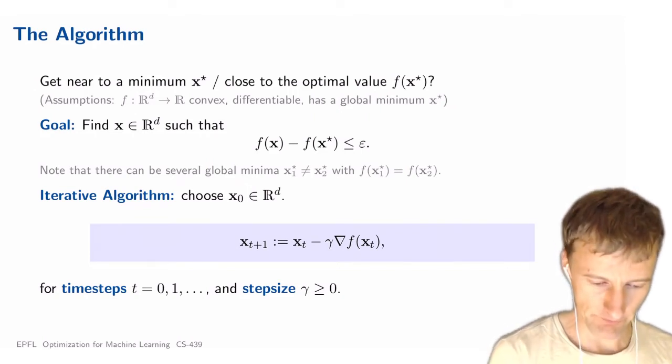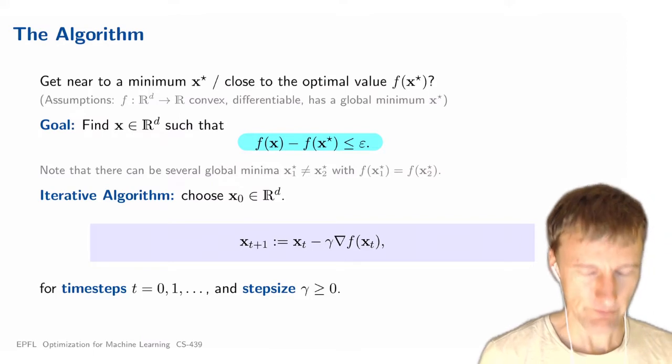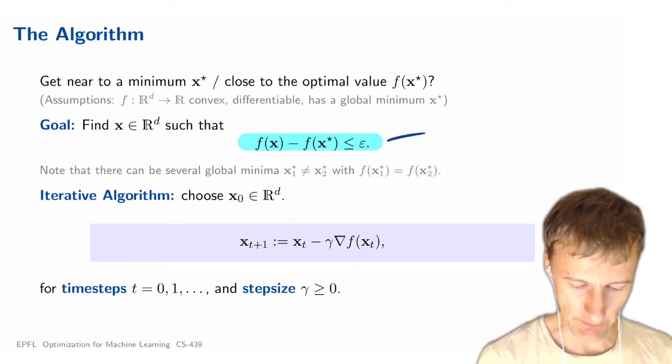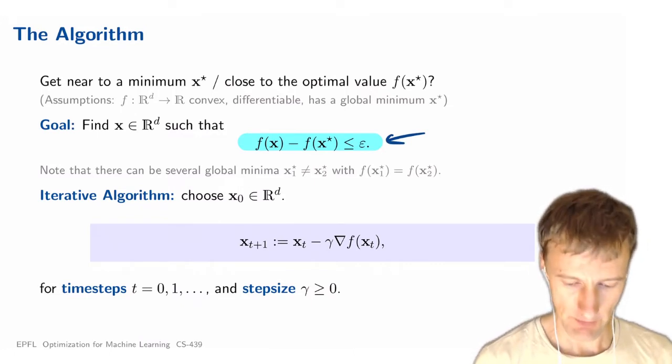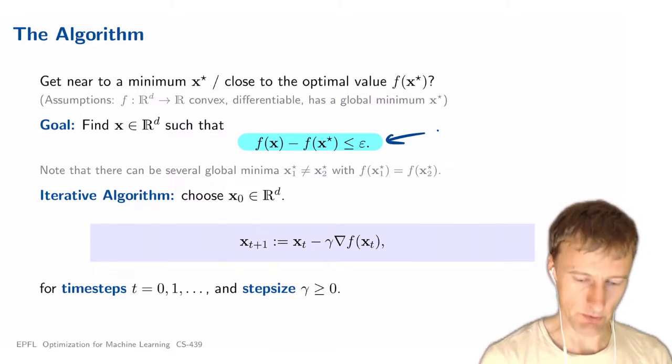And that's exactly what is written here. So you found an x, which is your candidate, and you say that it's epsilon close to the best value you can get. So this is your target accuracy you want to achieve.